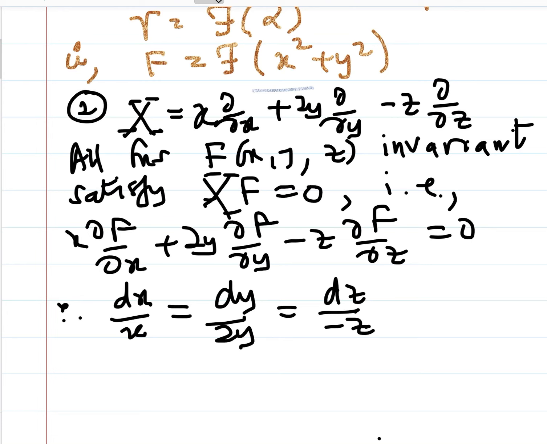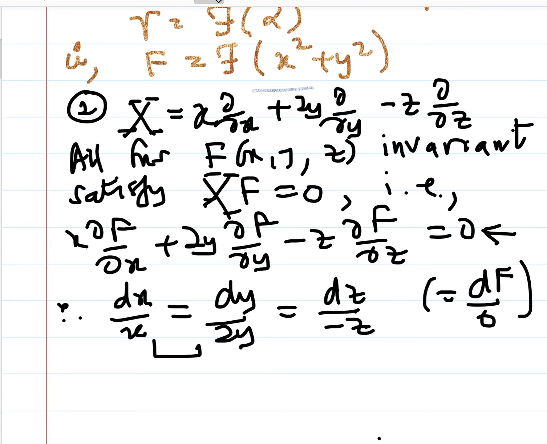So this system of ODEs, since we have three independent variables, will give rise to two independent invariants, and of course we'll have to find a dependent invariant coming from df over 0 there.